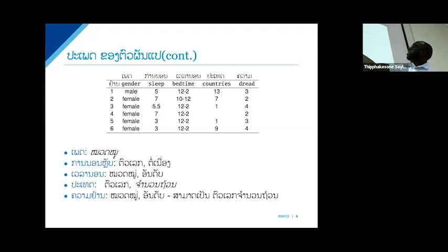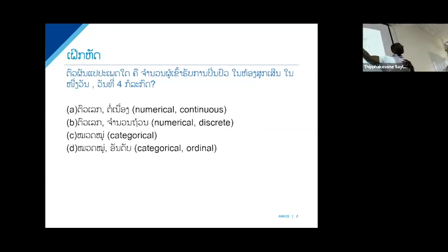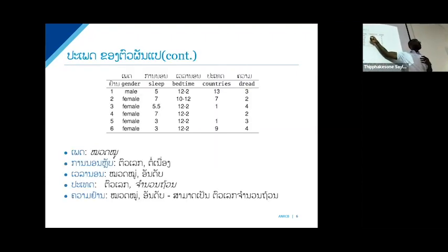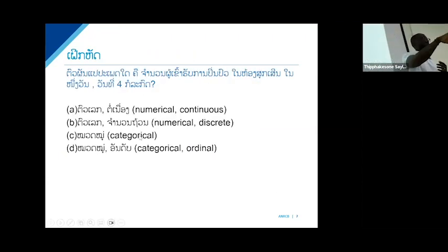But certainly, what about countries here? What would it be? Right? This would be categorical. Remember, I told you that. Do not look at the values of the variable to determine what type of variable it is. Why?